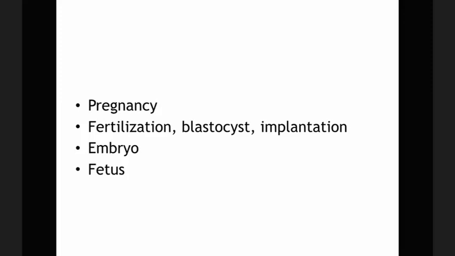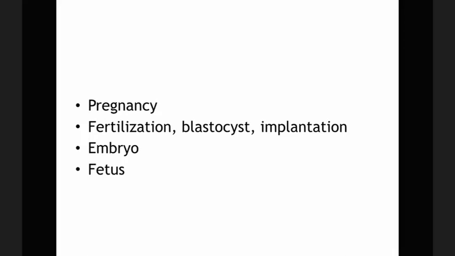In the next 4 5 days, the fertilized zygote will divide and form a blastocyst, and on the 7th or 8th day following conception, the blastocyst implants in the endometrium, grows as an embryo and develops as a fetus.